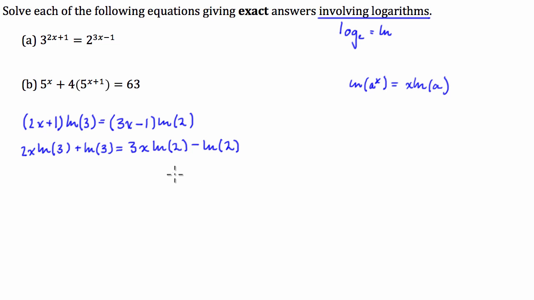Cool. So what I'm going to do is take the ln 2 over to the left, and take the 2x ln 3 over to this side. So basically I'm going to minus 2x ln 3 from both sides, and I'm also going to plus ln of 2 to both sides.